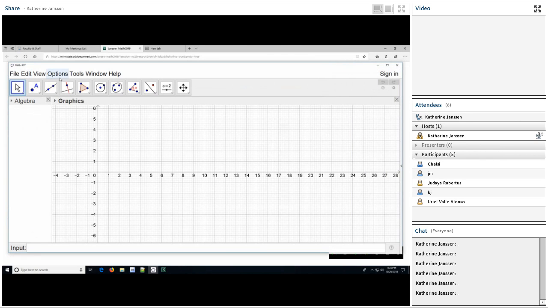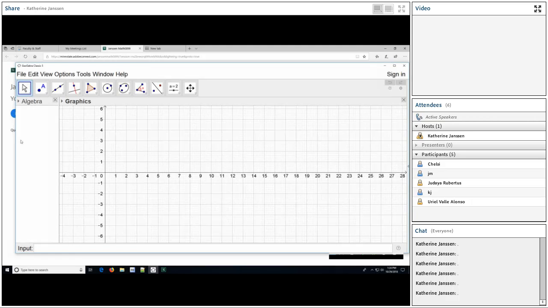So we have our main menu along the horizontal top. When you start a new graph, the selector tool button is active. Our input box is at the bottom where we'll type in our equations to graph. I'm going to use the last button on the button bar.